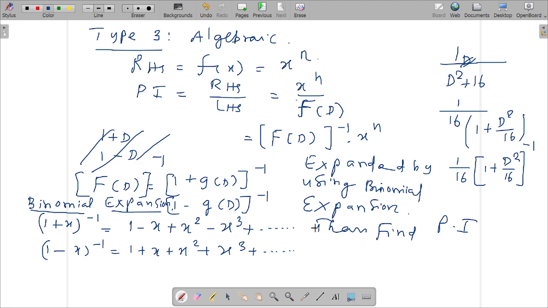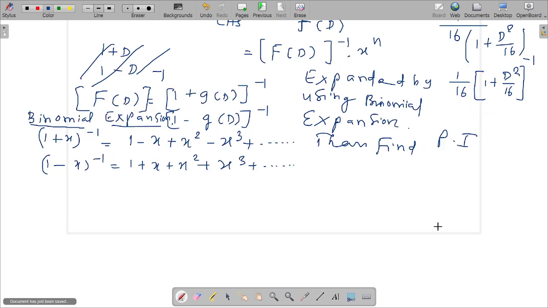So first we have to write that x power n by f of D format, then take it to the numerator, f of D power minus 1 x power n. Then we expand that f of D power minus 1 by using the binomial expansion, then find the particular integral.